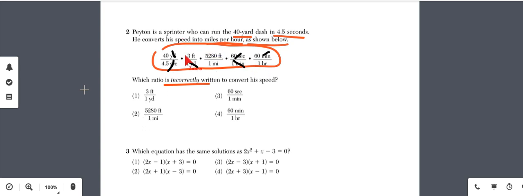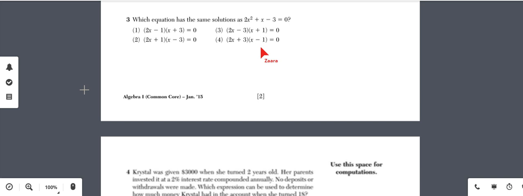I think this ratio is written incorrectly. Which one? 3 feet over 1 yard. Exactly. Very good. Okay, let's move to the next one.